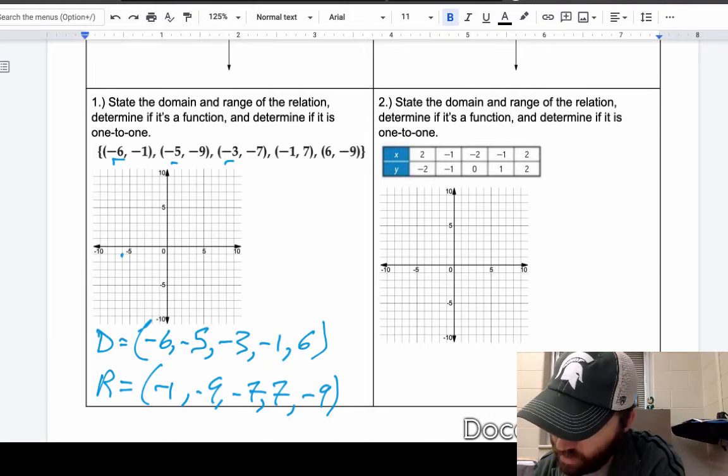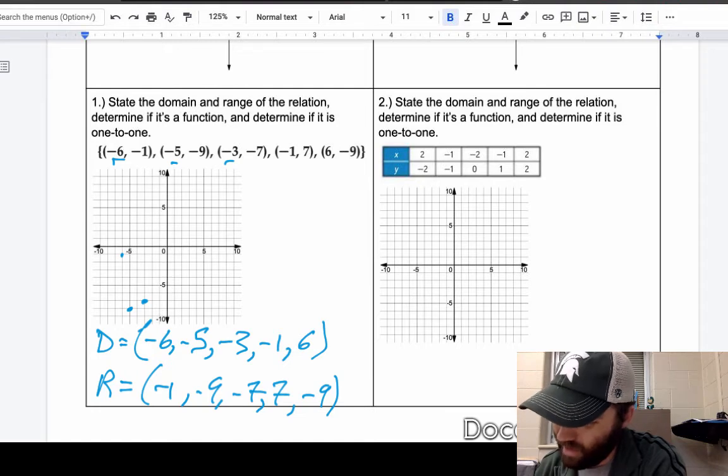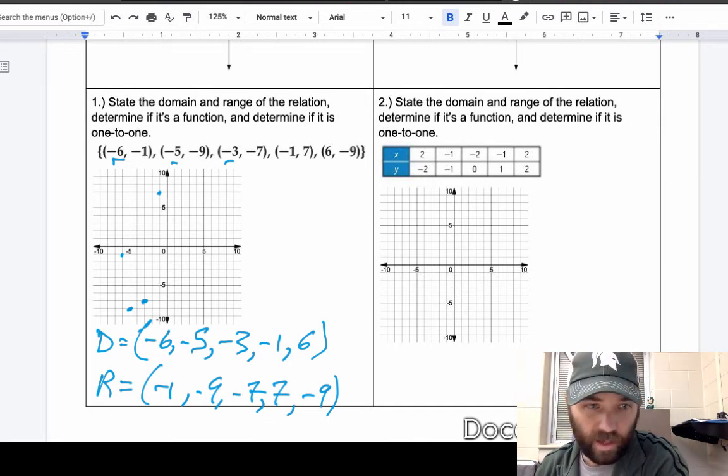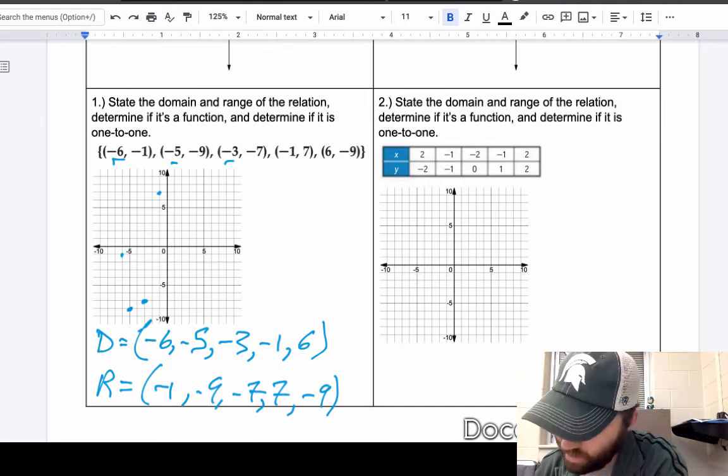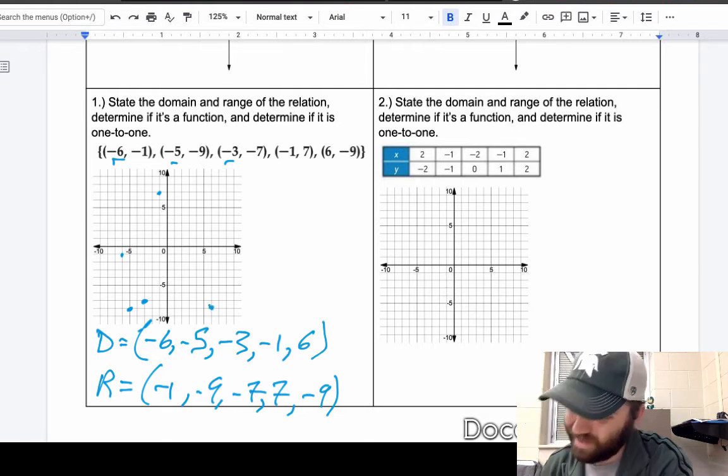So there's 1 point. -5, -9 would be right here. -3, -7 would be here. -1, 7 would be up here. And then we'd have 6, -9. So this is a function, but it is not one-to-one.